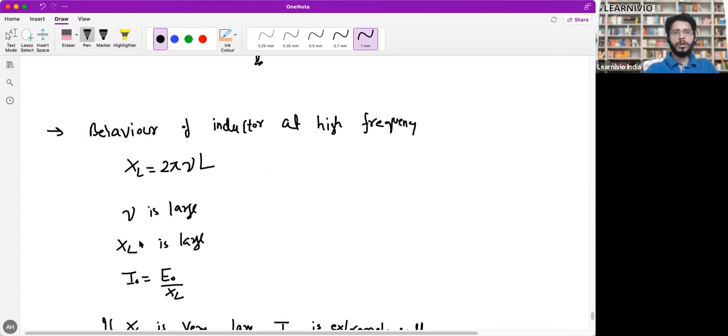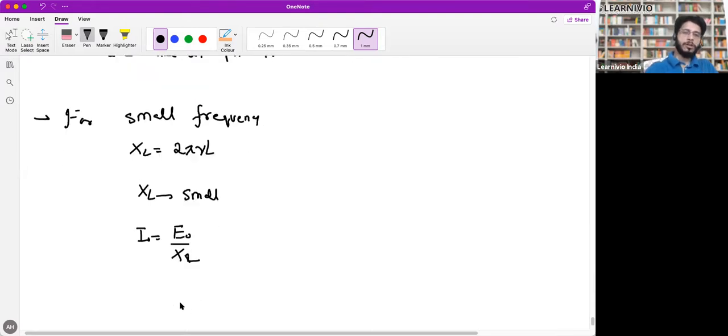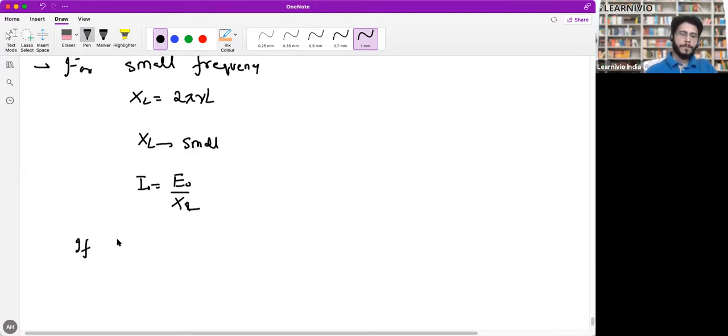If I take a small frequency, if frequency is small, then what about XL? XL is 2 pi nu L, so XL is small. And we know that current is E naught by XL. If XL is extremely small, then what about I naught, Sania?